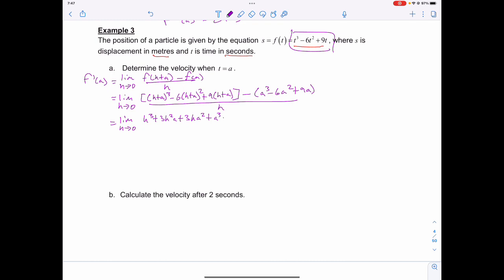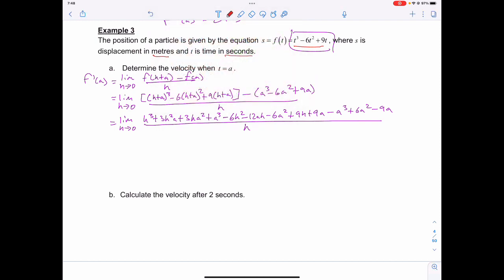Then I have negative 6h squared minus 12ah minus 6a squared plus 9h plus 9a minus a cubed plus 6a squared and minus 9a. And it's all over h.